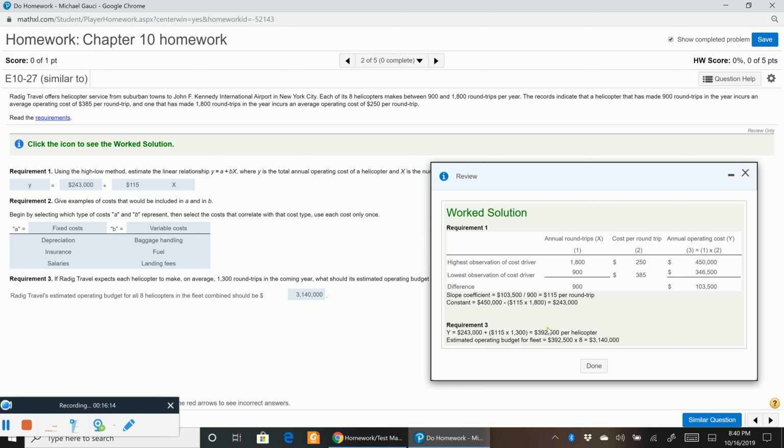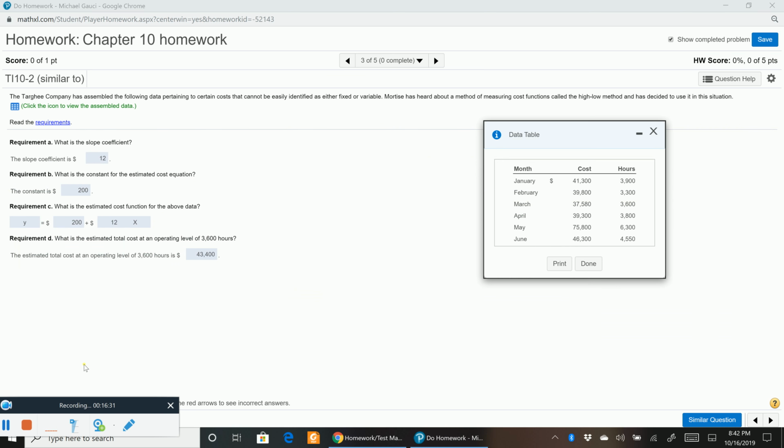That works out to $392,500 per helicopter. And if there are 8 helicopters in the fleet, the answer will be $3,140,000. That will be the estimated budget if these were the scenarios.